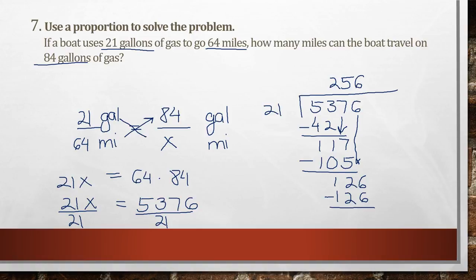So if we subtract, we get a remainder of 0 and we are done. This means, putting it back into perspective of the problem, that our x value in this case, x equals 256, represents miles. So the boat can travel 256 miles on 84 gallons of gas.